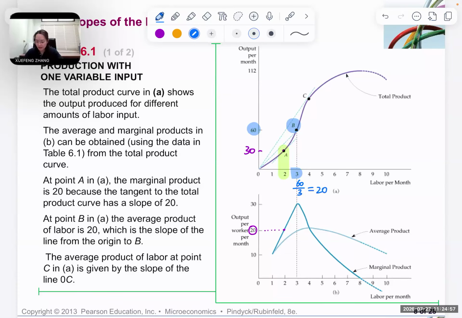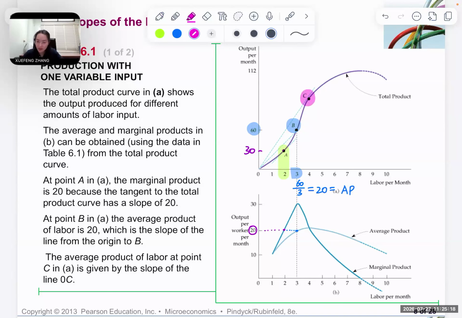So this is the average product. You look at here, this point is 20, right? And next one, point C.